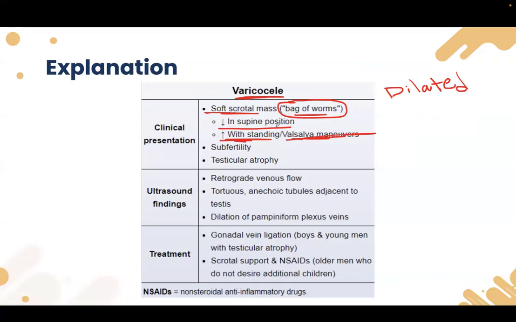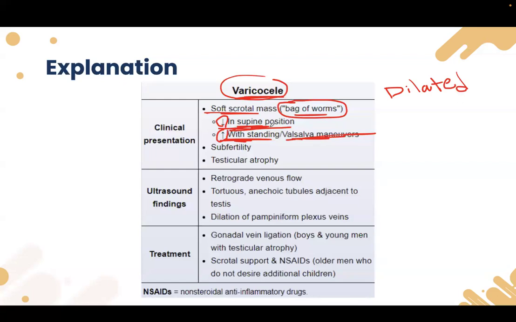In supine position, whenever someone is lying supine, the blood flows more easily towards the heart. So the blood is leaving the pampiniform plexus of veins, which causes the varicocele to decrease in size. So with a primary varicocele, it should decrease in size when supine and increase when standing.